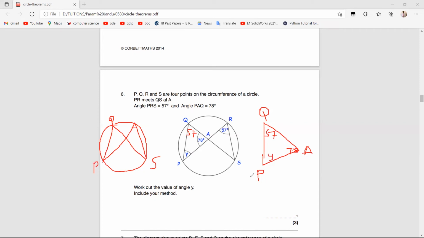So angles in a triangle add up to 180. That means to get angle Y, I'll just take 180, I subtract 57, I subtract 78. And if you do that, what do you get? 180 minus 57 minus 78, you get 45 degrees. So angle Y is 45 degrees.